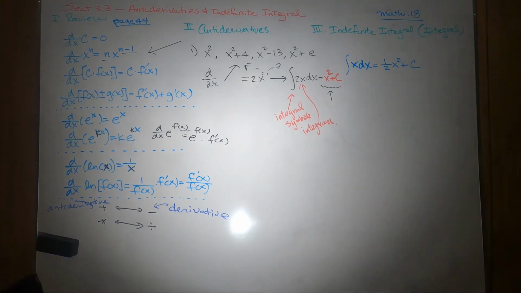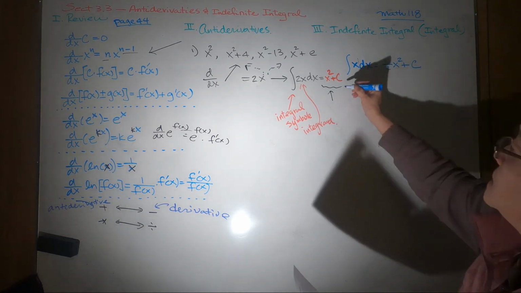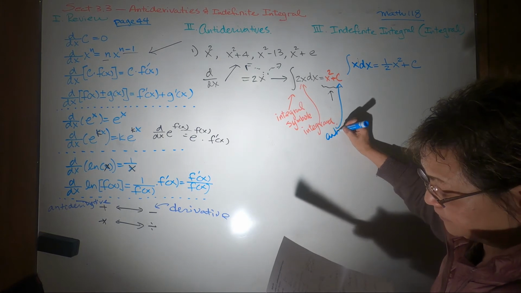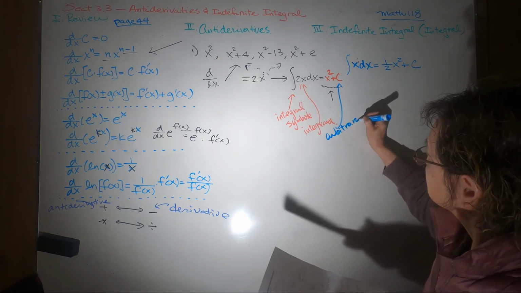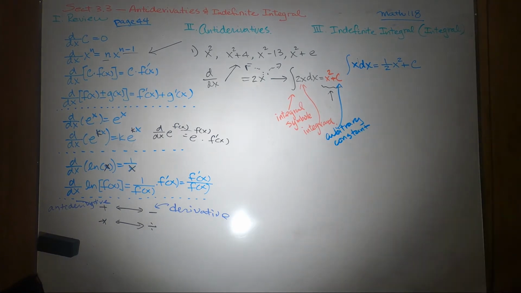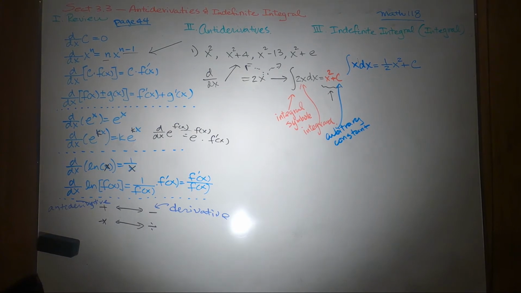C divided by 2, still an arbitrary number. This one is just an arbitrary constant. Okay? So, we are doing what? Antiderivatives.